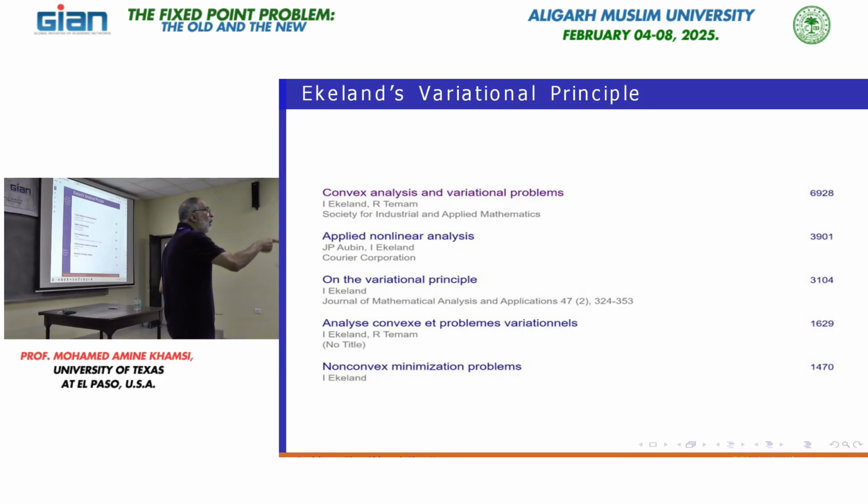All of his work, and this guy has done tremendous work on economics and a tremendous body of work. I'm talking about Eklund. But you see, the top ones are all related to the variational theorem I just showed you. So it shows you the importance of that theorem.